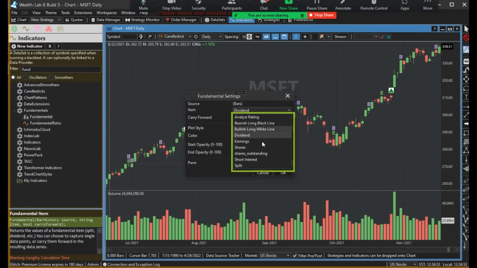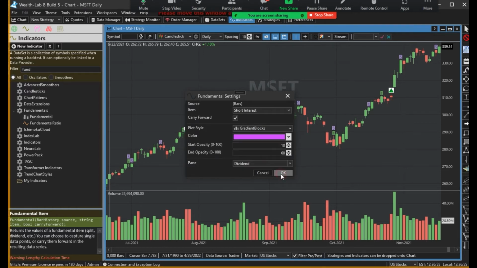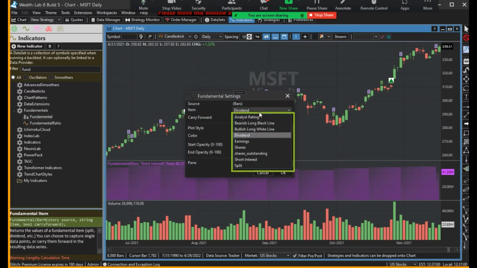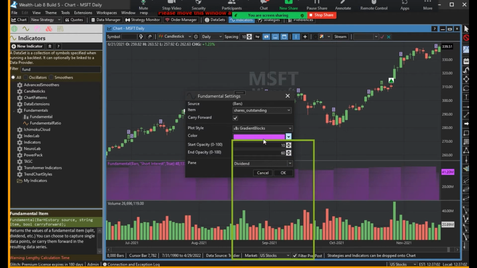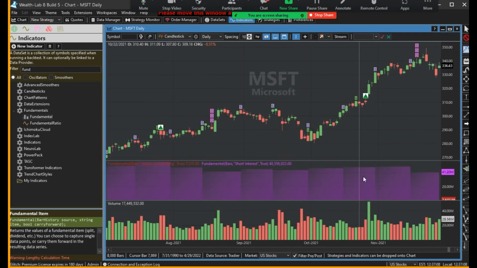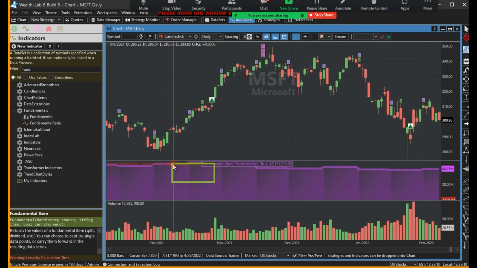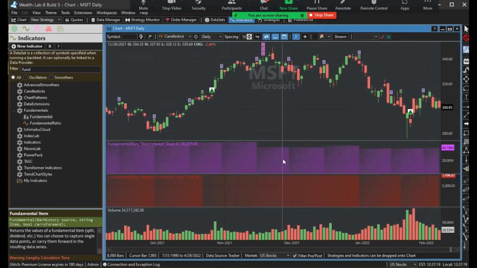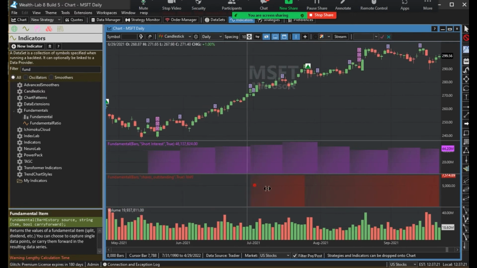So we've got short interest plotted. We've got shares outstanding. We'll change the color. So we've got that plotted. Let's change the pane that it's plotted in. So now they're plotted in two different panes.